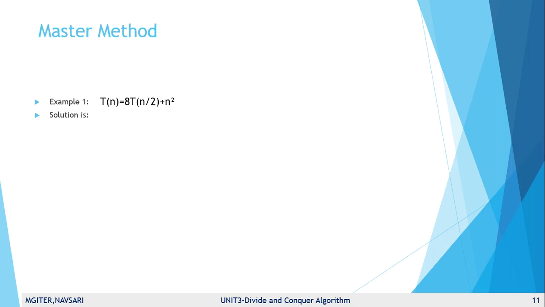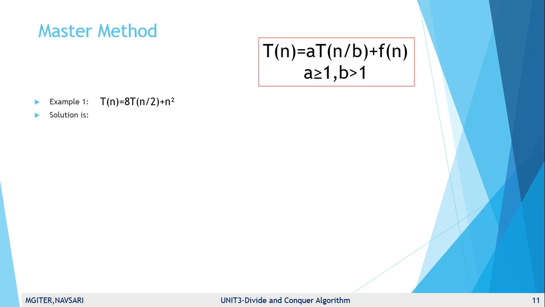Here we take example 1, that is T(n) = 8 T(n/2) + n square. First of all we write the values of a and b. Here it satisfies the given form. So the value of a is equal to 8, which is greater than or equal to 1, the value of b is equal to 2, which is greater than 1, and f(n) is equal to n square.